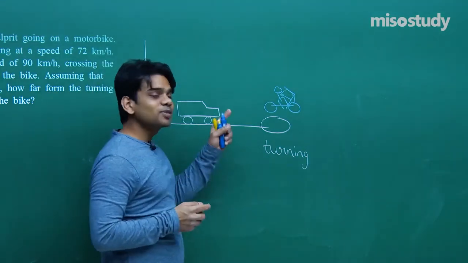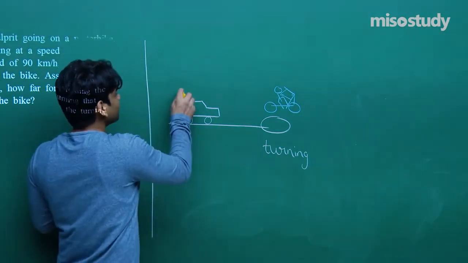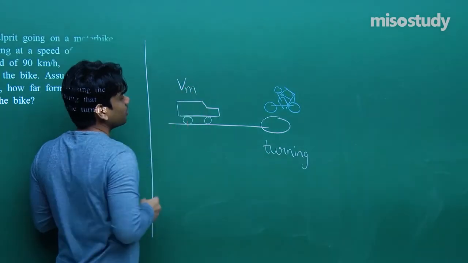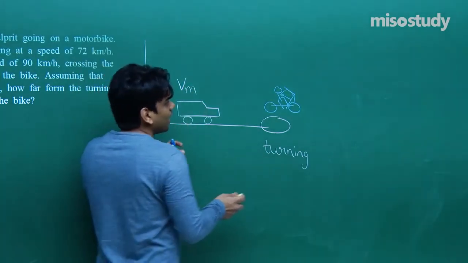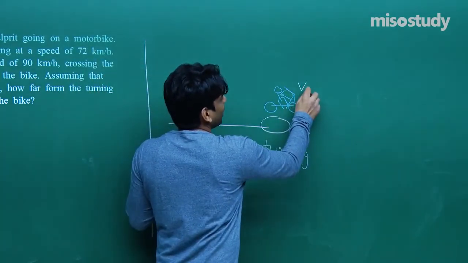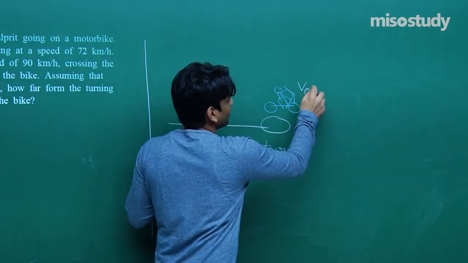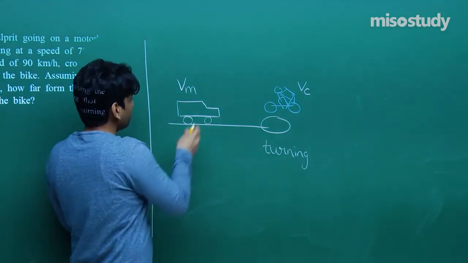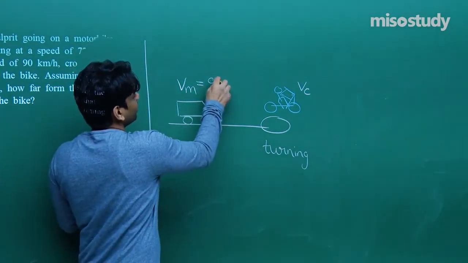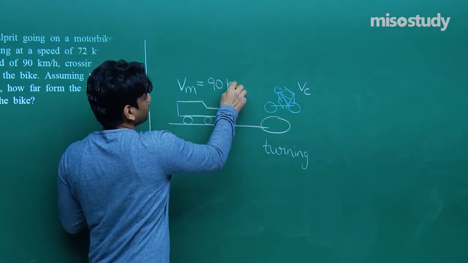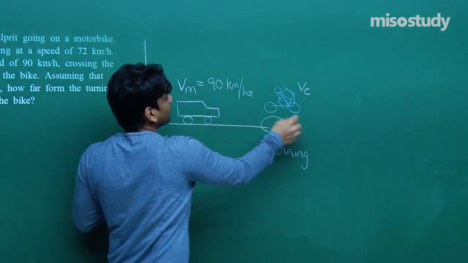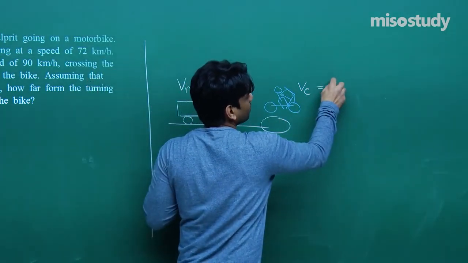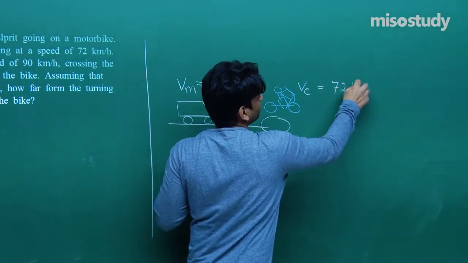This is the jeep. Now, this policeman I am depicting by VM, man, and let me depict the culprit, the thief, as VC. The speed of each is given: this is 90 kmph, and this is given as 72 km per hour.